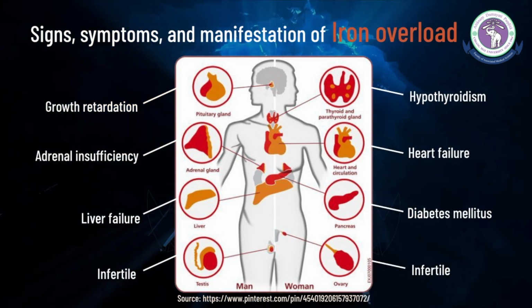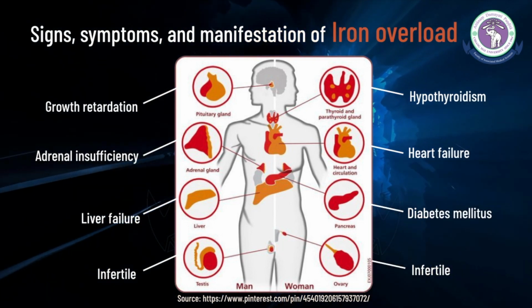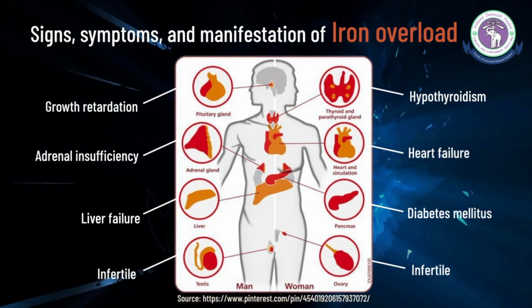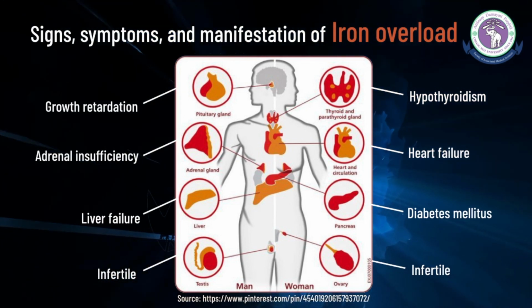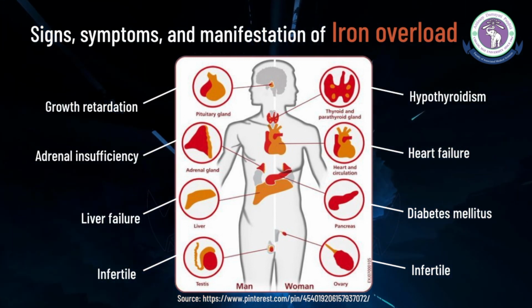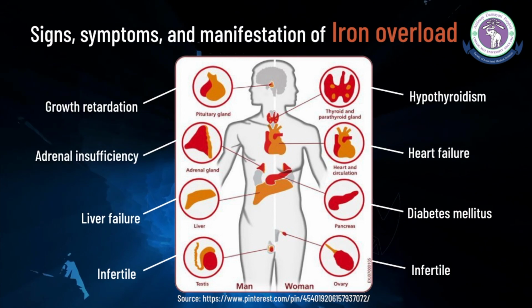Other signs and symptoms may be found such as arthritis, chronic fatigue, depression, hair loss, bronze skin, abdominal pain, splenomegaly, venous thrombosis, and osteoporosis.